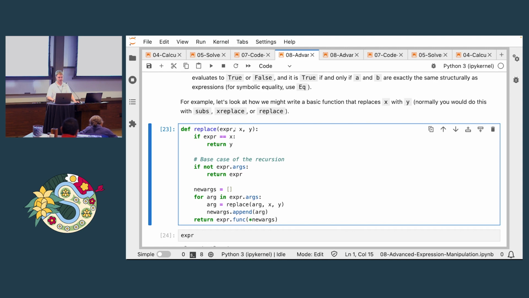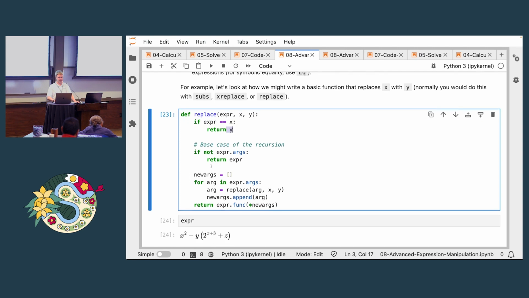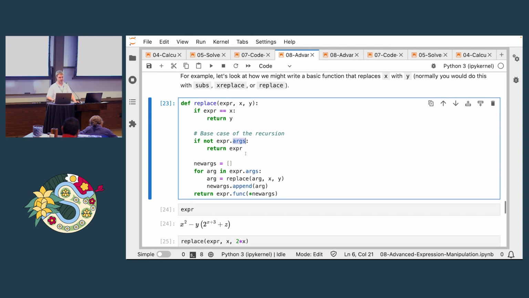This is going to take this expression and replace x with y inside of it. As a base case, if the expression is equal to x, we just return y. Also, if the expression doesn't have any arguments, that means it's a leaf node of the expression tree, then we just return it as is. That'll be something like a symbol or a number.